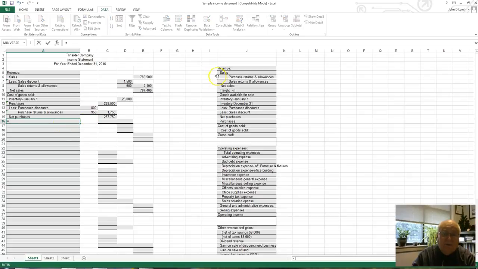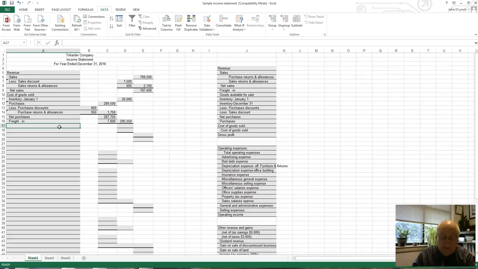But we're not done yet, because we also may have freight in. We have to pay for the transportation to come in. So we add freight in, which in this case is $7,800. Then we add those two together, which is $287,750 plus the $7,800 to get $295,550.